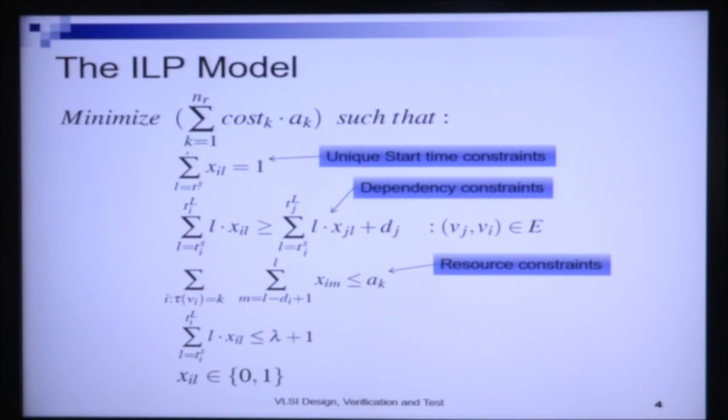It is an auxiliary variable here. And then we specify the latency constraint, which is specified by the start time of the sink node. The sink node must start at most within lambda plus 1 time steps.